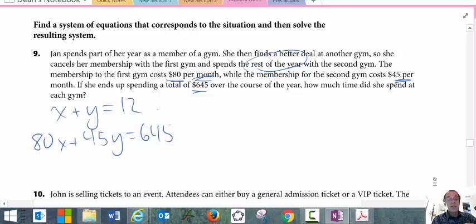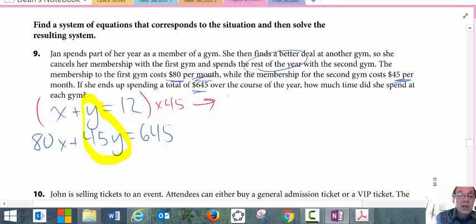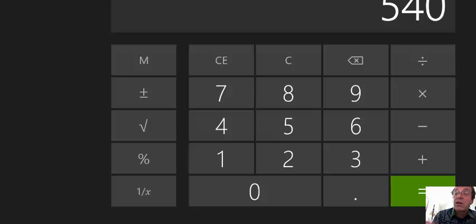Now I'm going to solve this by elimination. So I'm going to match these guys up. I'm going to try to match up the y's this time, which means I'm going to multiply this first equation by 45, which is going to get me, and I'm going to write it down here. You'll see why in a minute. 45x plus 45y equals, now I have to do my math here, hang on.